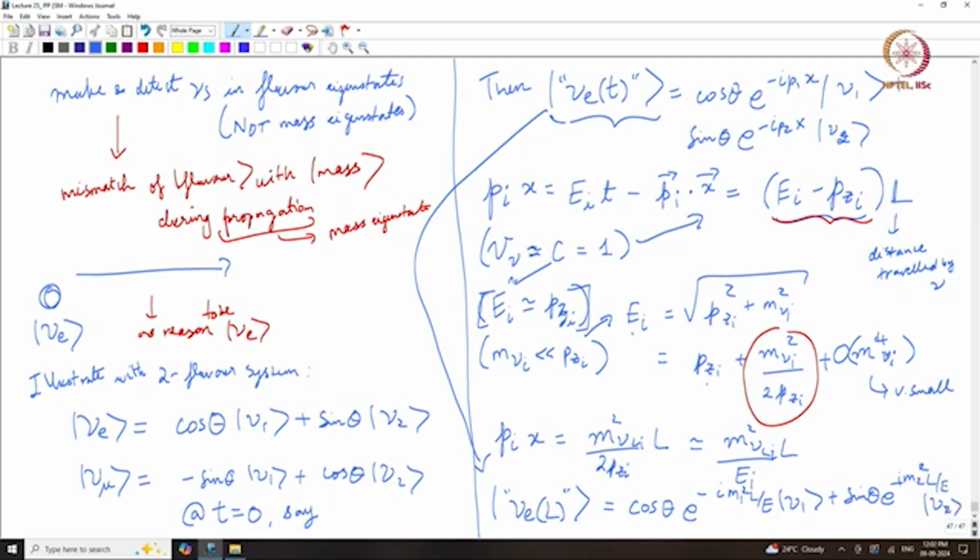I have dropped the nu when I am writing the masses, that should be obvious. m1 corresponds to m nu 1. Okay, very good. So, that is what it is, and we will take up this expression in the next lecture and derive a probability of oscillation going from one flavor to another due to propagation. All right, I will stop here.